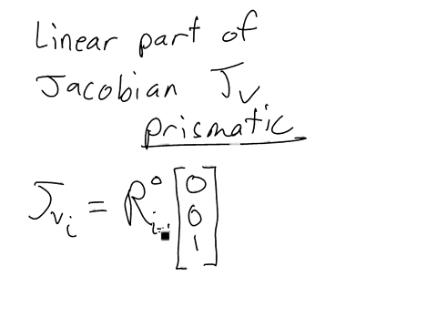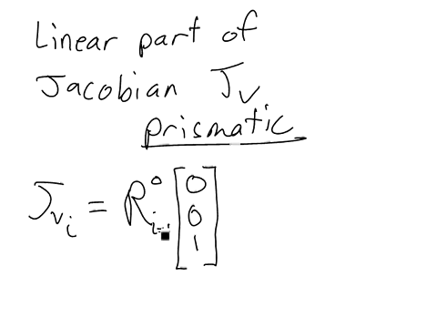This may seem a bit strange at first, that we're using the same method that we used previously for revolute joints, now for prismatic joints. However, remember that the Jacobian matrix is being multiplied by the joint variable velocities.